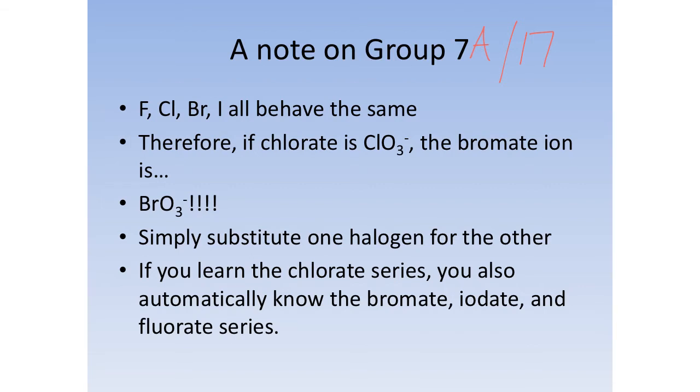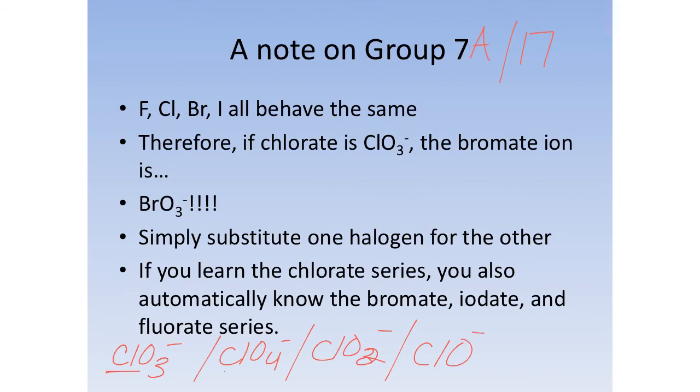So if we know the chlorate series, so chlorate, ClO3 minus, that's the common one. Then we would also know perchlorate, one extra. We would know chlorite, one less O, and hypochlorite, one less than that one.